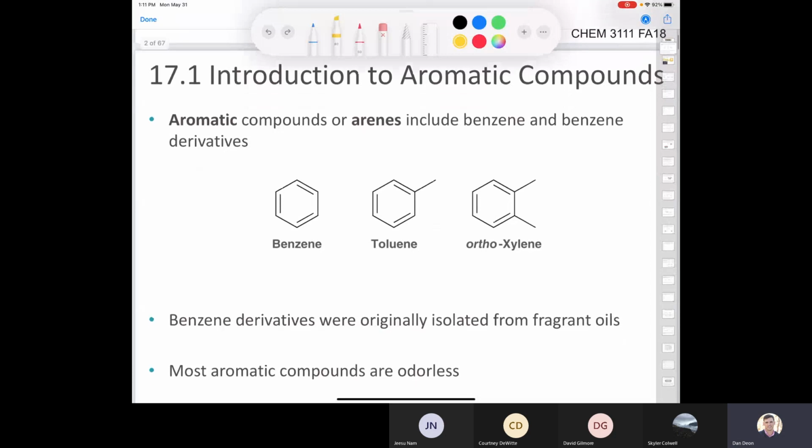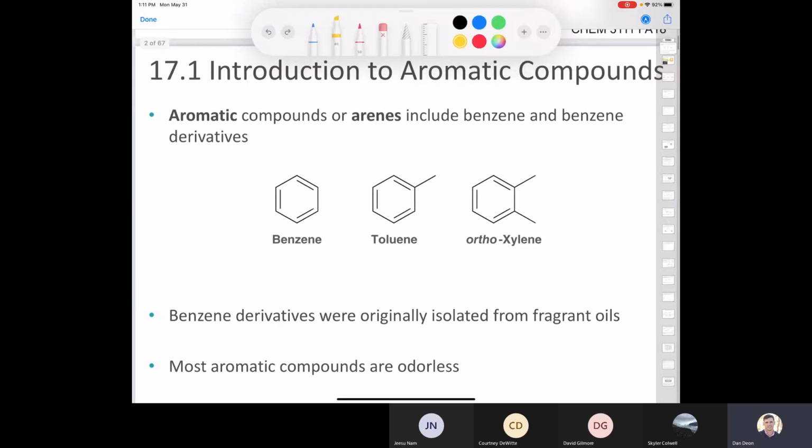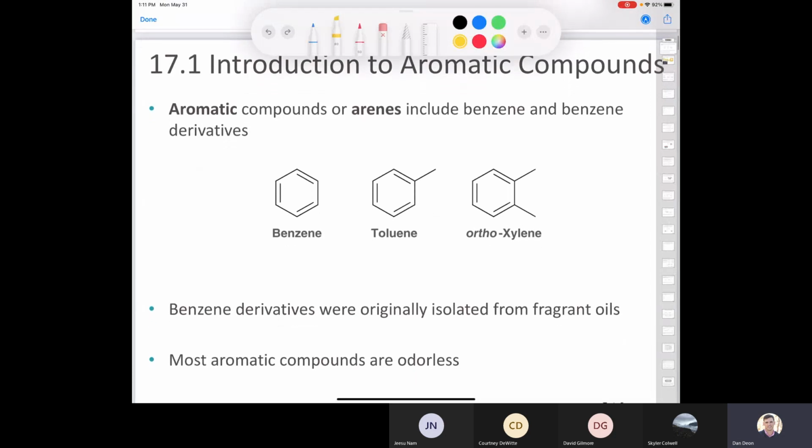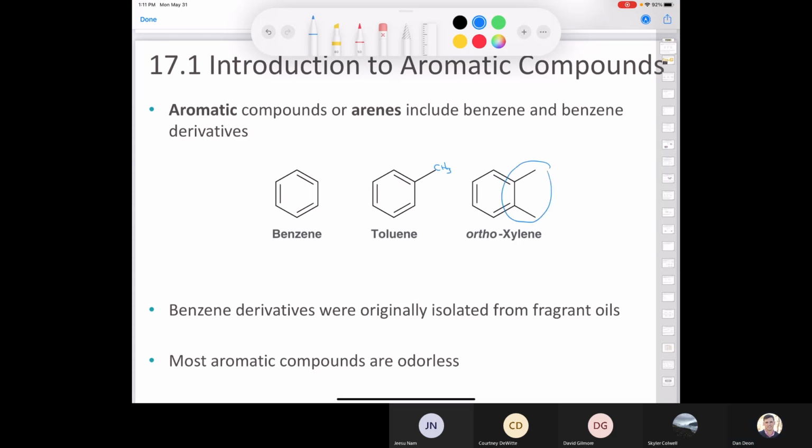All right, well, let's take a look here. Aromatic compounds or arenes include benzene and the derivatives of benzene. For example, if I just put a methyl group on a benzene, with a CH3 group here, that's called a toluene molecule. If I have 2 methyl groups and they're ortho to each other, I call that orthoxylene. If I have them meta to each other, in the 1,3 position, this is called metaxylene.